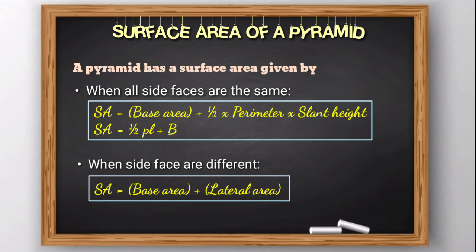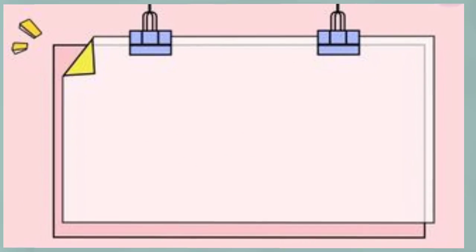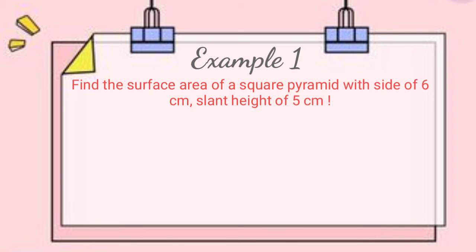Okay, before you get confused, let's look at an example. Example 1. Find the surface area of a square pyramid with a side of 6 cm and a slant height of 5 cm. Solution. From the question we know that the side is 6 cm and the slant height is 5 cm.